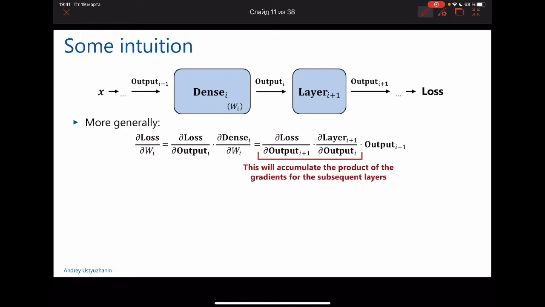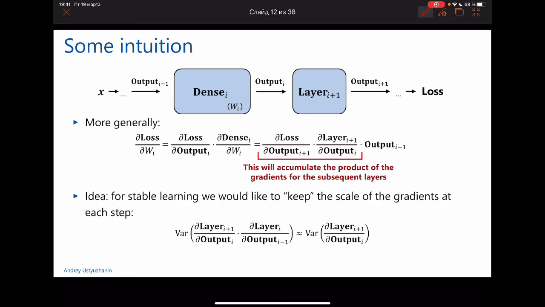I'm not going to focus on this in greater detail. I just want to outline that the idea of a stable learning network is to keep this equation true: the variance of the gradients of two consecutive layers should be more or less equal to the variance of a given layer.